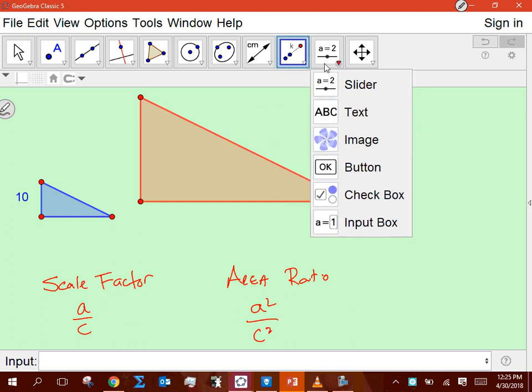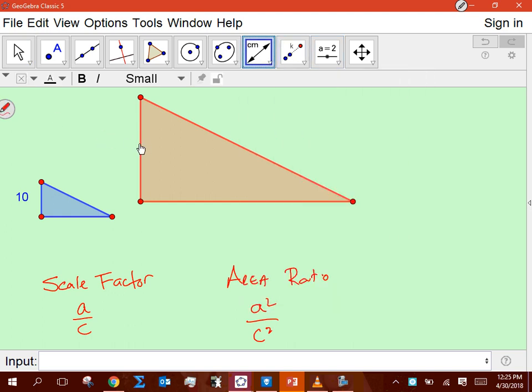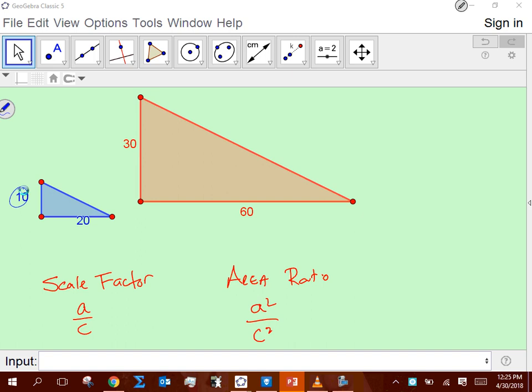And now I look at that distance right there being 30. And even if I look at that one and that one, okay, is there a 1 to 3 relationship between that and that? So my scale factor here is 1 to 3, right? Is that the same 1 to 3 when I look at 20 compared to 60? Yeah, okay. That means then that whatever the area of this one is, okay, I should be able to determine the area of this one.